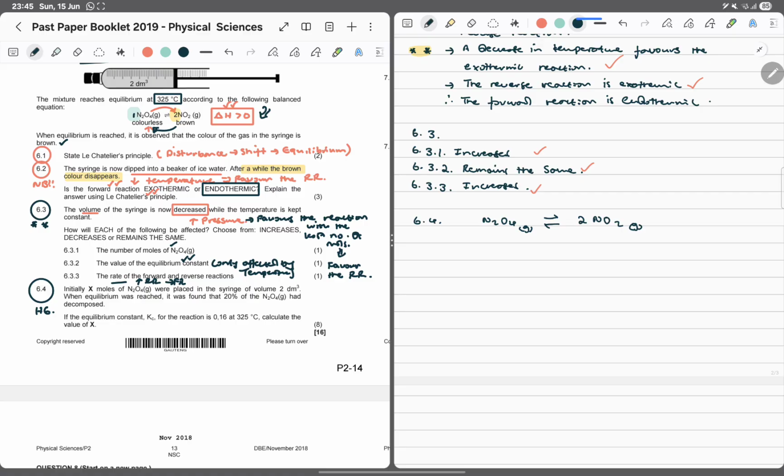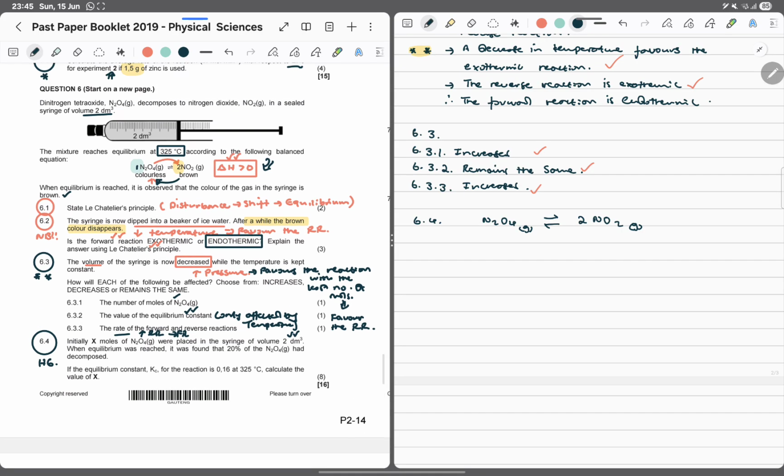Of course, the states of phases here are very important. So initially X moles of dinitrogen tetroxide gas were placed in the syringe of volume 2 decimeter cubed. Of course, this was stated already up here. So sometimes the examiners may not repeat this. So please pay attention.